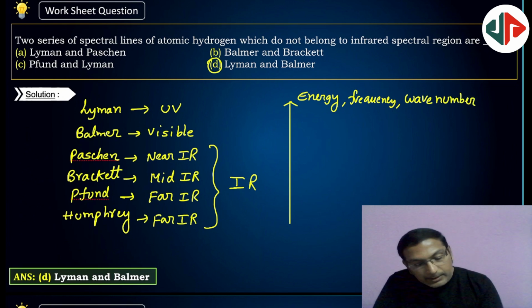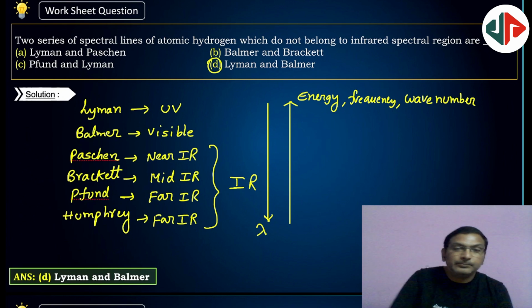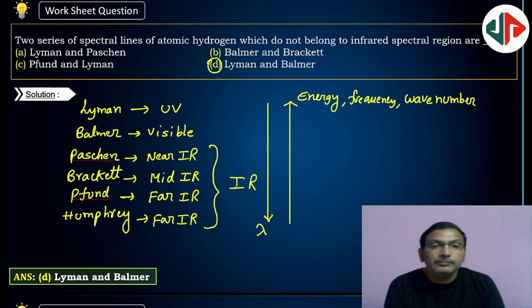Next, in this direction, wavelength of spectral line increases. These 2 points are important. From Lyman to Humphrey, wavelength increases. Humphrey to Lyman, energy, frequency and wave number increases. Lyman series and Balmer series of lines not found in IR region.